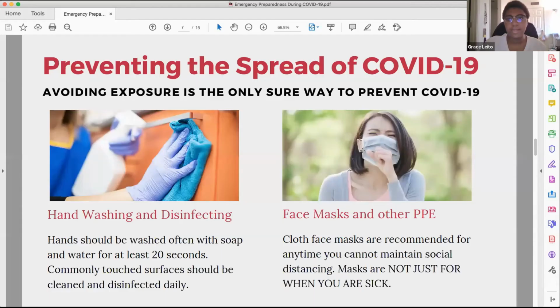This just ensures that droplets aren't being exposed to you. There are also temporary face masks and N95 masks that you can use, so really just make sure that you have proper protection. Gloves aren't needed when you're going to the grocery store and stuff like that, but masks are always a good thing to have.